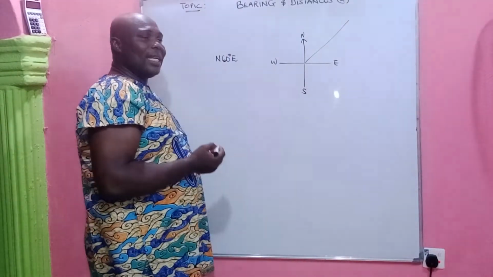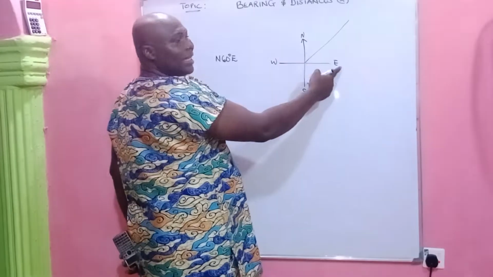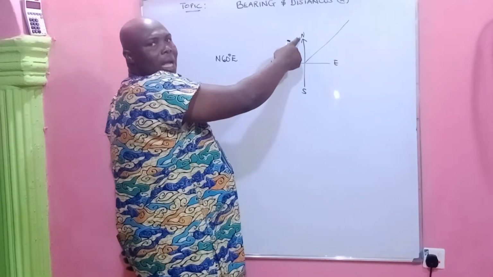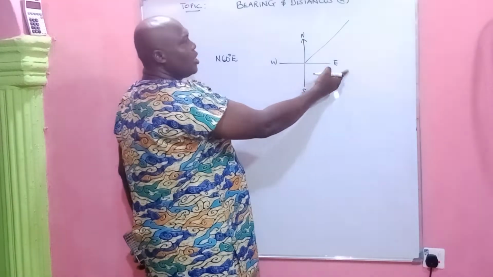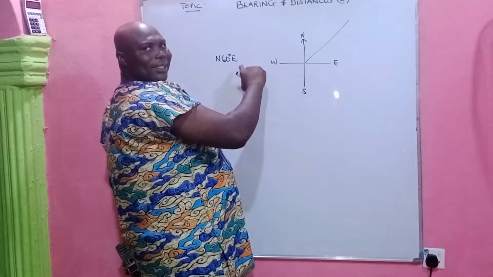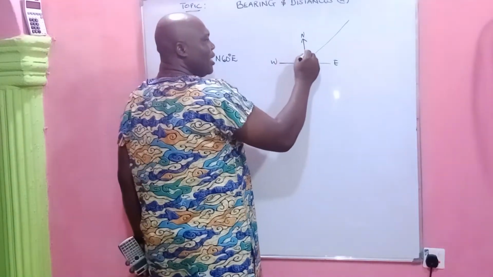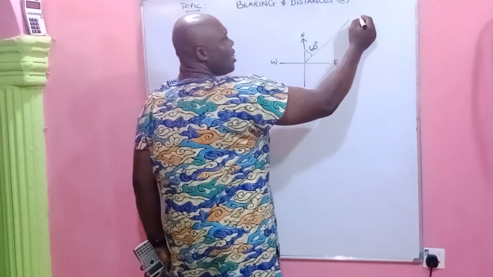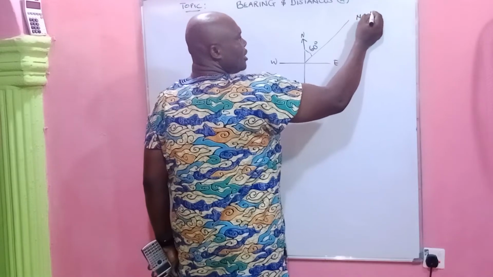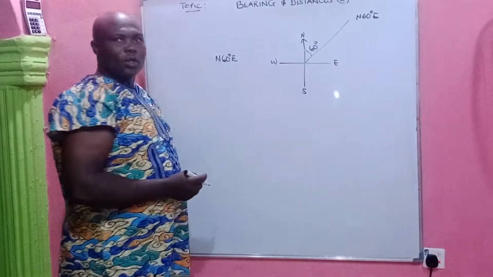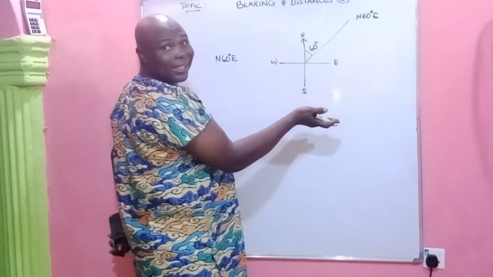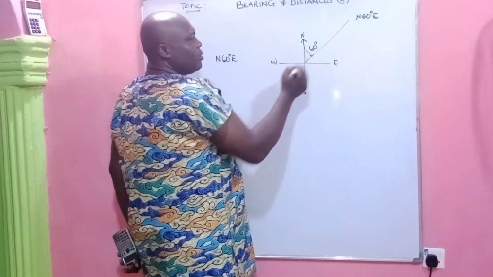When we have it in this direction, it means it is northeast. So the anchor point is the north. We begin from the north and read it towards either the east or the west. So if this is 60 degrees and this is east, it means the bearing here is N 60 degrees east. So we start from the north and go towards the eastern direction. That's how the bearing is measured.